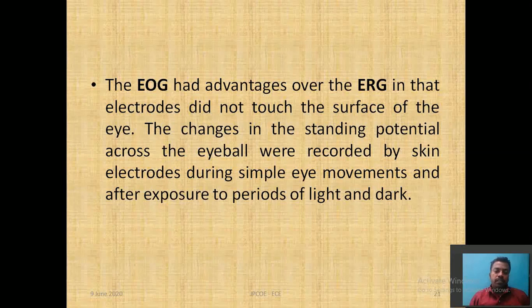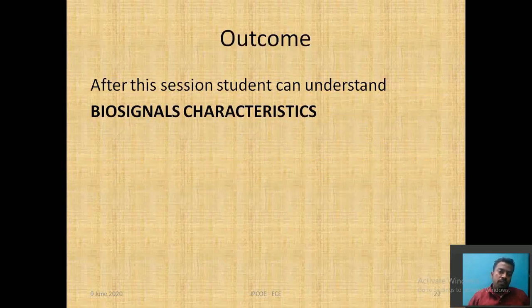So we have the eyeball, shown in black color, and we measure the potential difference across the eyeball, recorded by skin electrodes, during eye movement and after exposure to light and dark. This way they measure EOG.